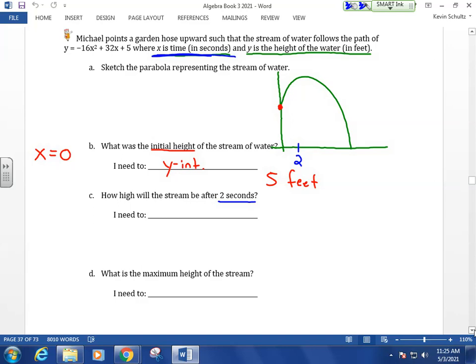Right. Plug x equals 2 into the equation. So y equals negative 16 times 2 squared plus 32 times 2 plus 5.